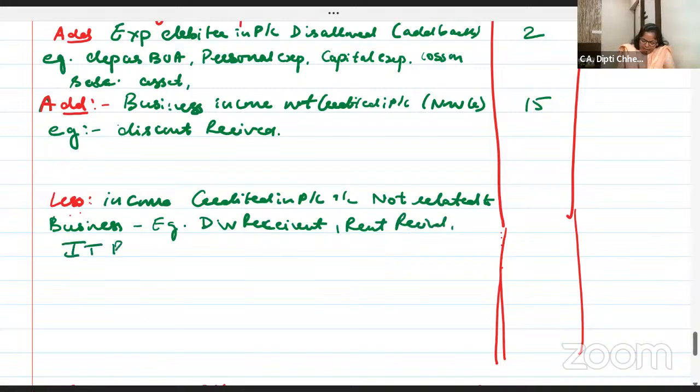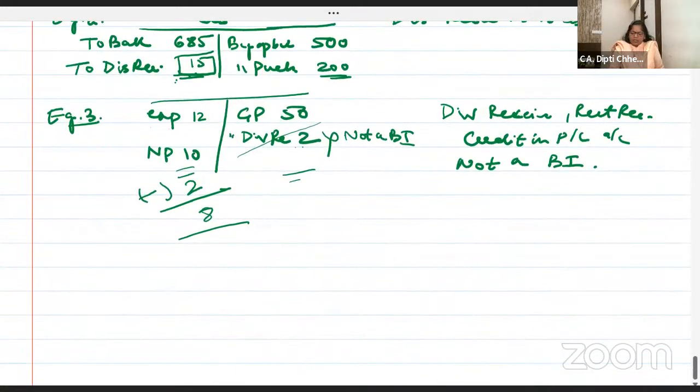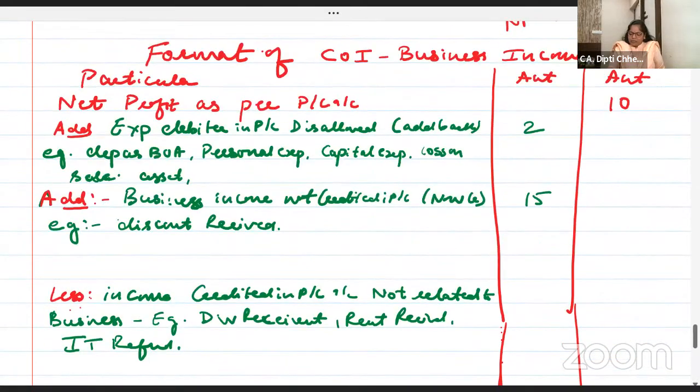Best example, income tax refund. Either these are not income, this may be exempt, or it is not taxable here. I call it as kachra, garbage. This is extra things credited in the P&L. No. You are not a business income. Dividend, go. So the net profit will reduce.